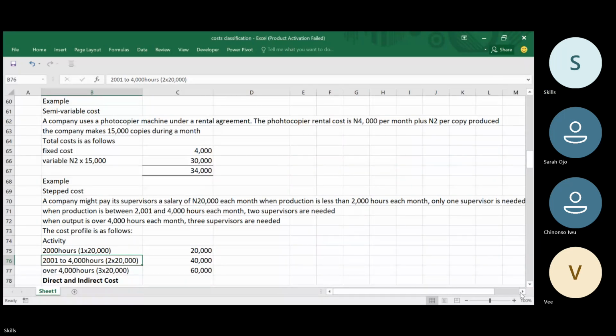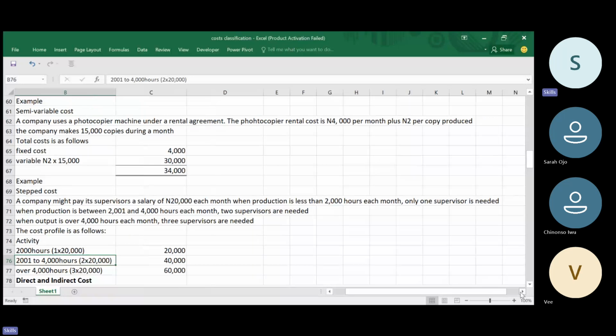Then only one supervisor is needed when the hours is within 2,000. If you are using 500 hours to 2,000 hours per month, only one supervisor will be needed.